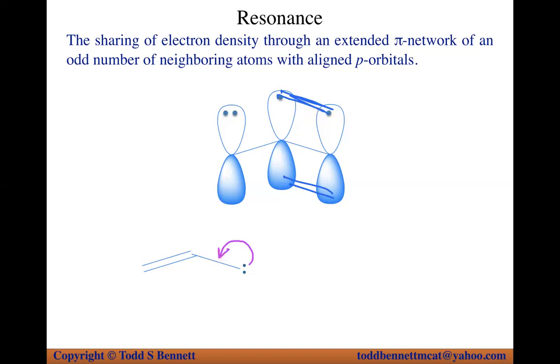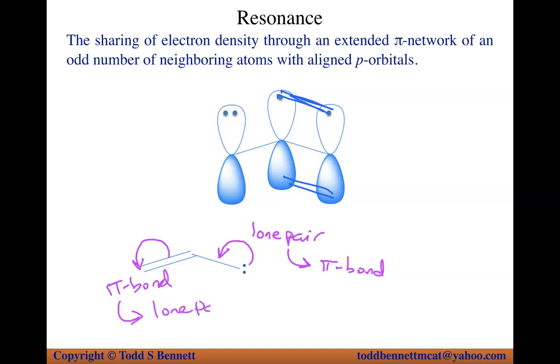Equally, we draw the bond turning into a lone pair. So this is a lone pair turning into a pi bond, and this is a pi bond turning into a lone pair. Okay, so there are my arrows.